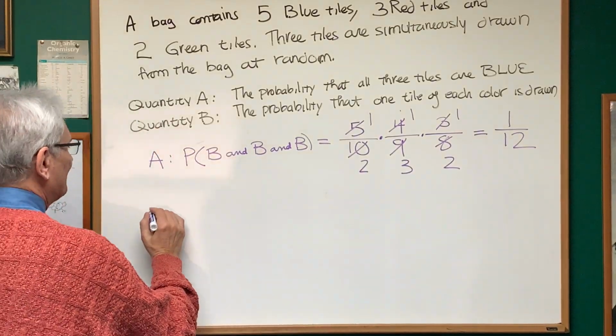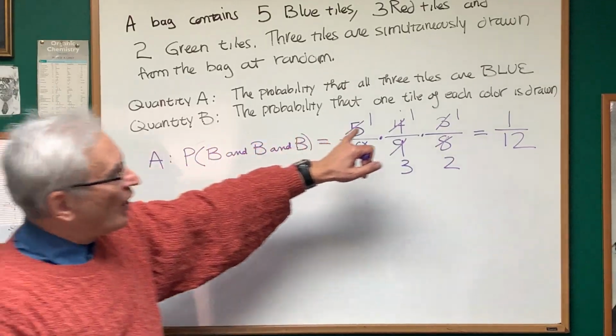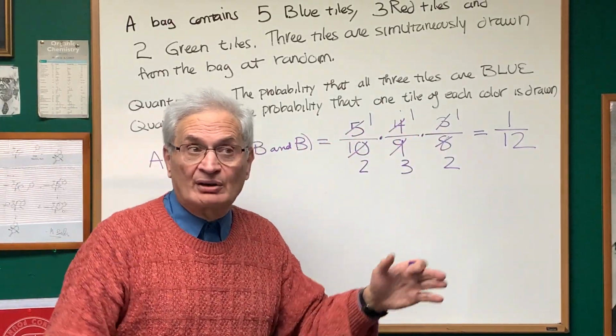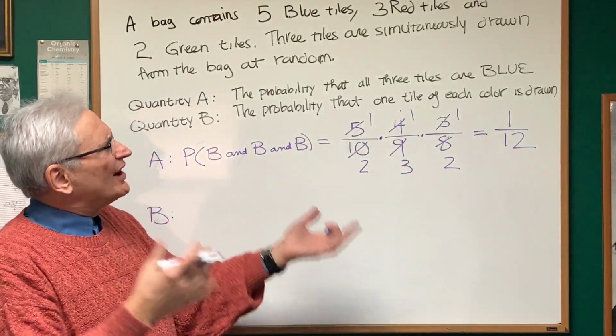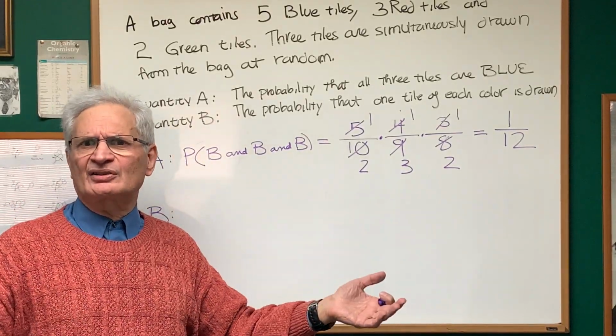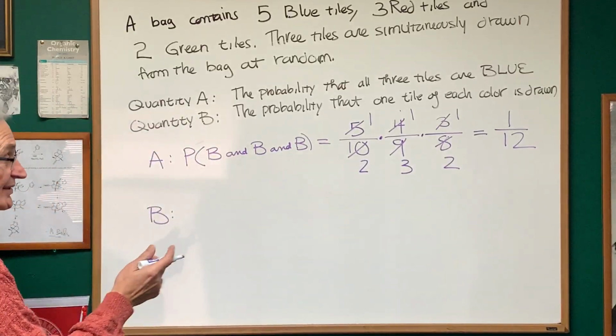Okay, now let's evaluate quantity B, the probability that 1 tile of each color is drawn. Well, what color do I start with? There are any number of ways that I can choose tiles of 3 different colors. How many? Well, if you don't know it's 6, let's make a little chart, right?